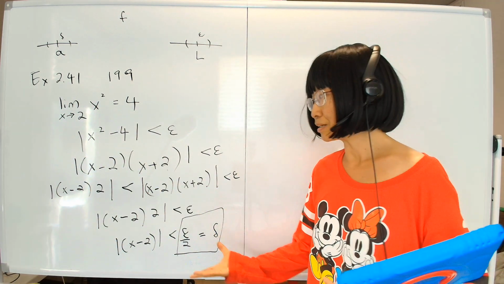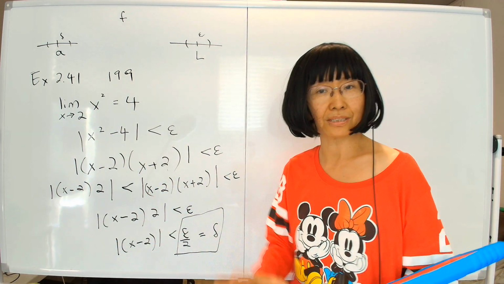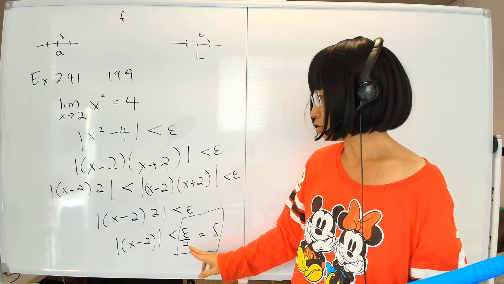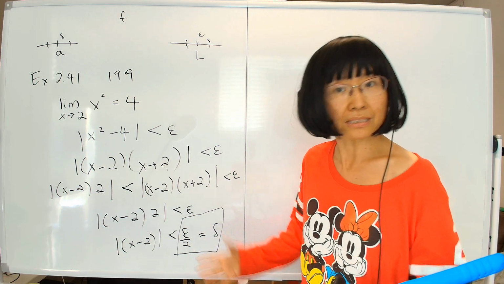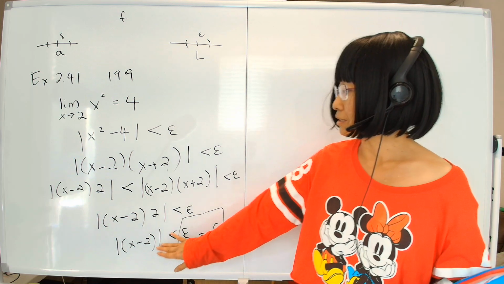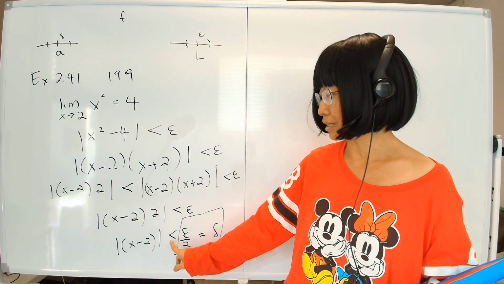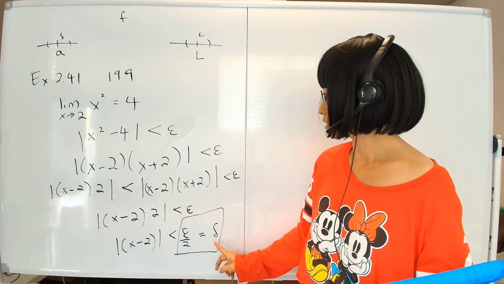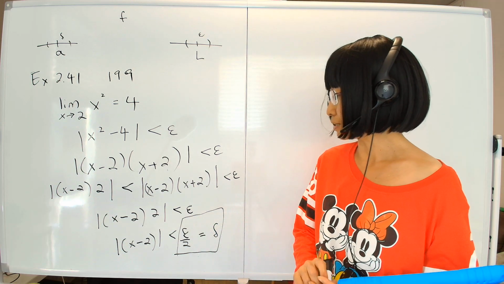Now, in a delta-epsilon proof, you have to pull some tricks, and the goal is only to find a small delta. It doesn't have to be exact, as long as it's small. For example, this condition works, being that it's an inequality, if delta is equal to epsilon over 2.